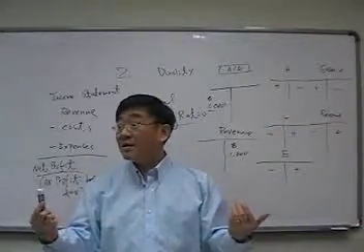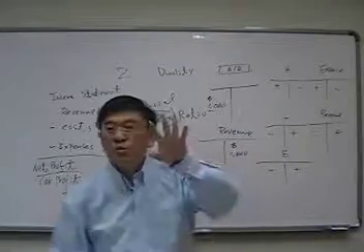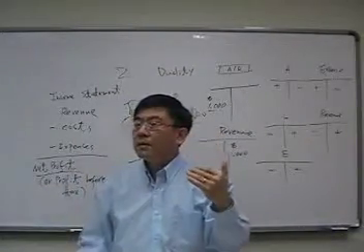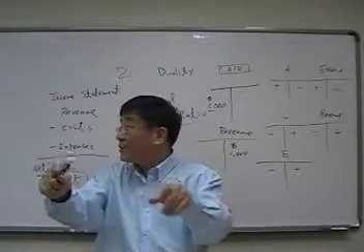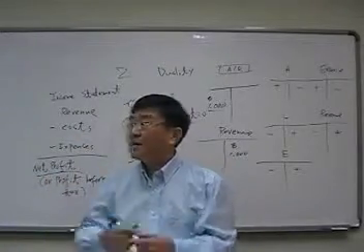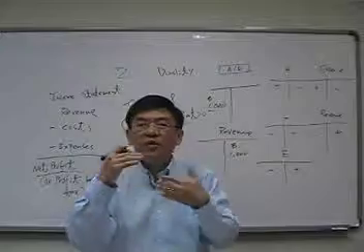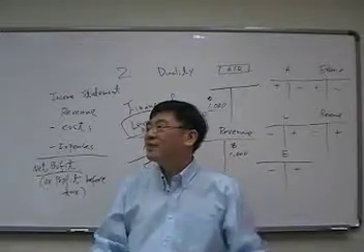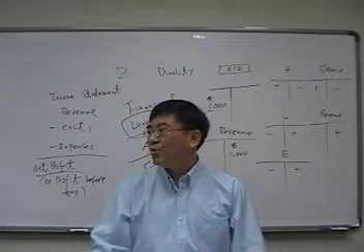You got it? So if the number is 2 or lower than 2, it's good to do business with this company. But if you are the operator or manager of this company, you are way too conservative.